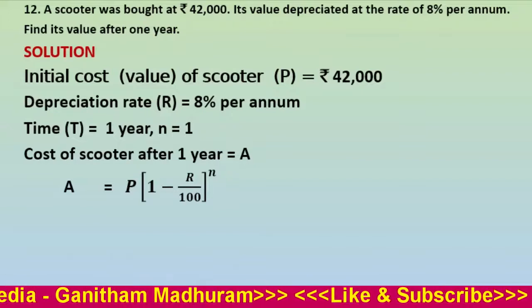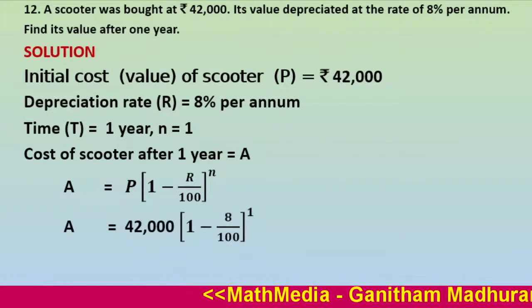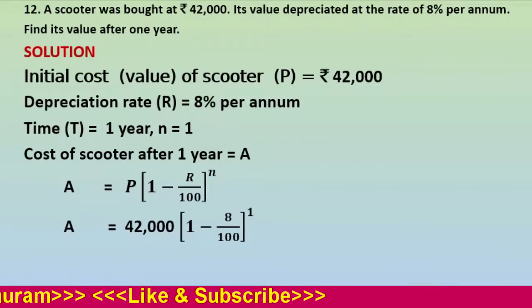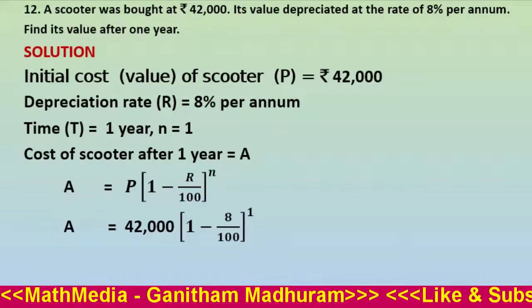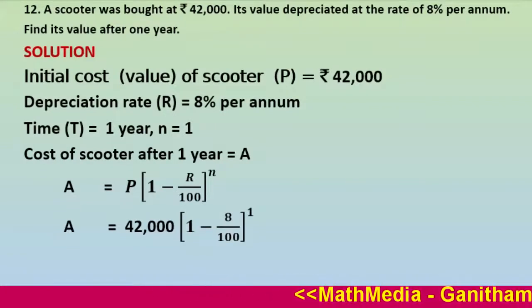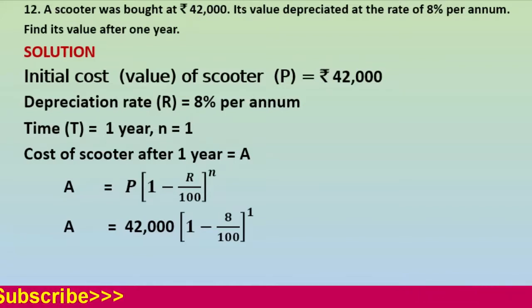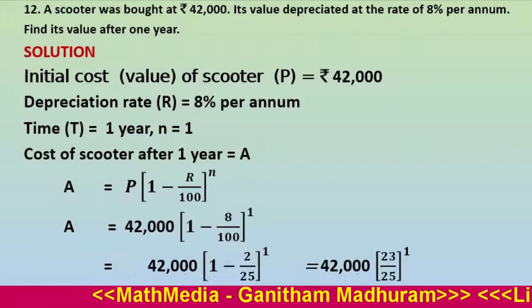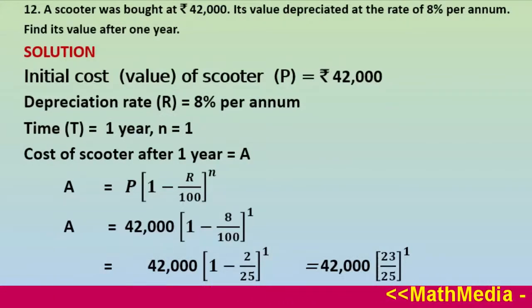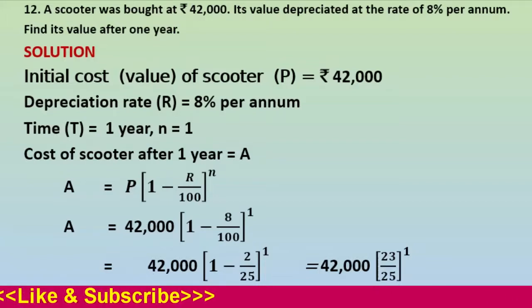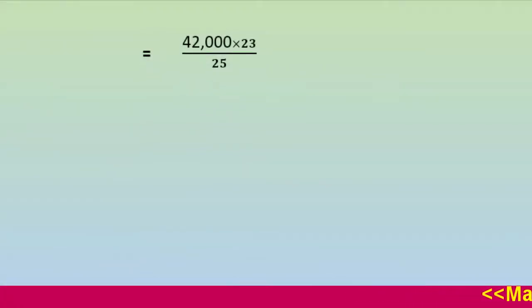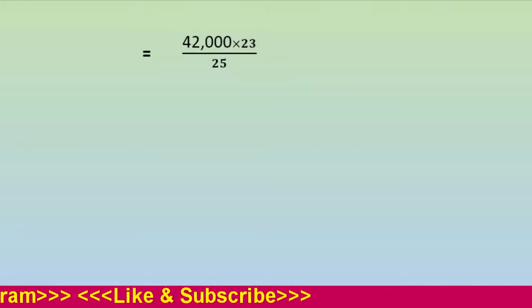Now you can apply the values over here. So we get A equal to 42,000 into 1 minus 8 upon 100. We can cancel 8 and 100, both can be divided by 4. So you will get 2 upon 25. So 42,000 into 1 minus 2 upon 25 raised to 1. After simplifying the bracket, you will get 25 minus 2 upon 25, that means 23 upon 25. So we will get 42,000 into 23 upon 25.